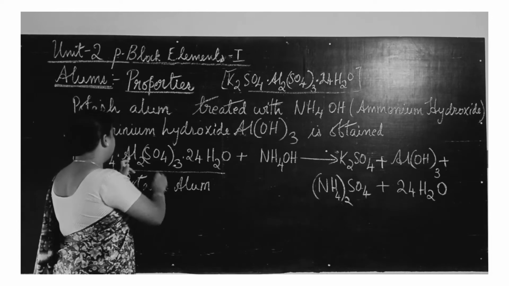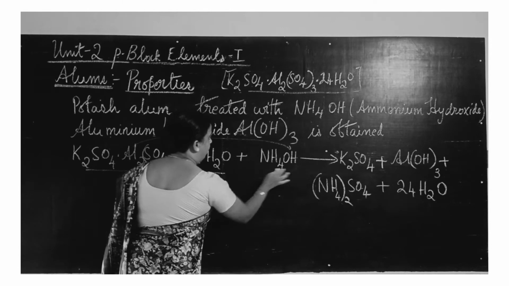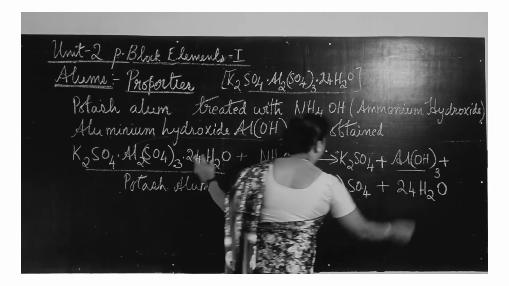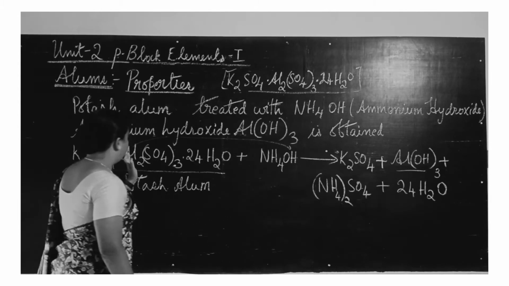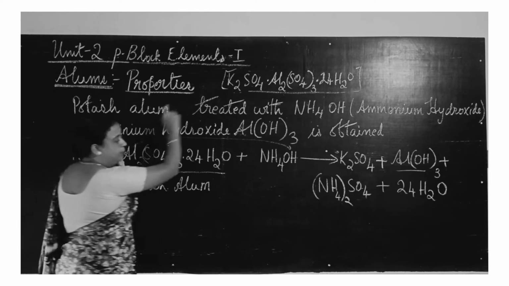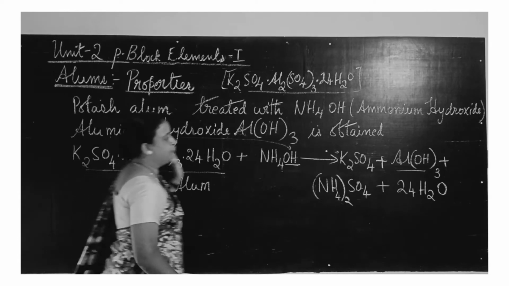So the aluminium combines with the hydroxyl group of ammonium hydroxide and forms aluminium hydroxide. Got it? So in aluminium sulfate, aluminium only will combine with the hydroxyl group of the ammonium hydroxide.